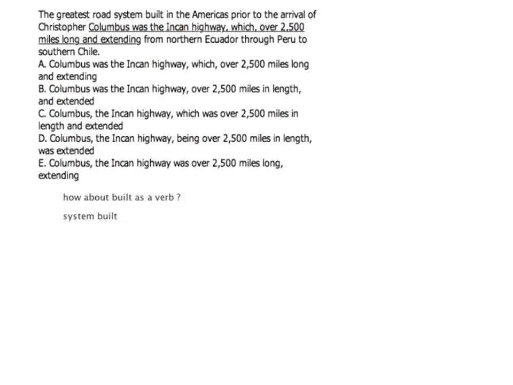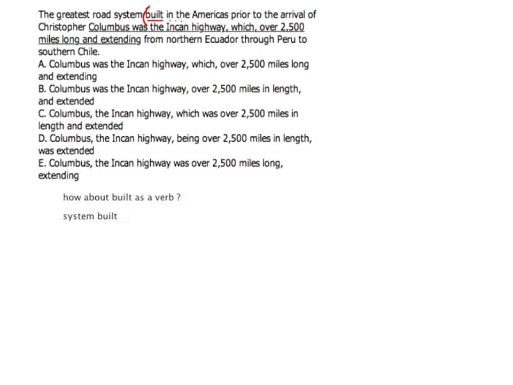It's a modifier that describes the road system. As far as how do you know that, it's just context. Most of these types of modifiers could be either verbs or not, depending on how they're written. But it's going to be pretty obvious from context when it's a verb and when it's not.